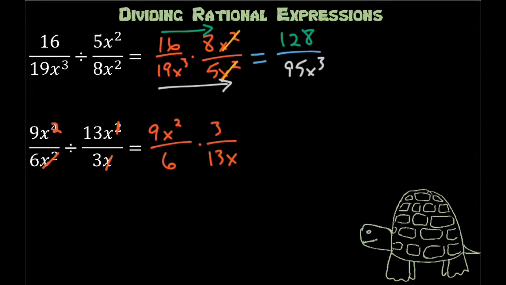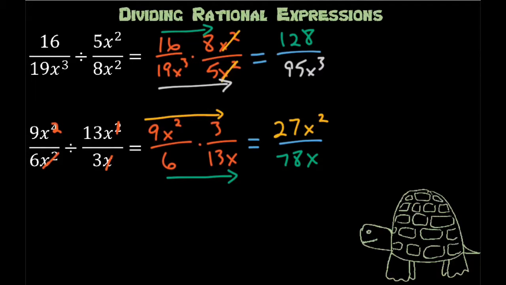Now I can do that multiplication, and I will get 9x squared times 3 is 27x squared over 6 times 13x is going to be 78x. And there is one more x term that I can get rid of there.